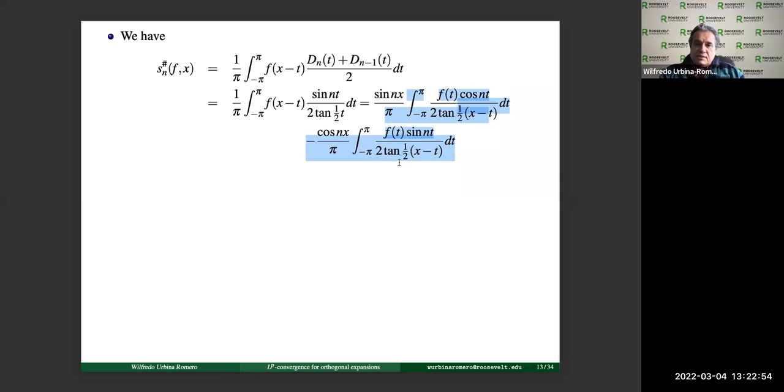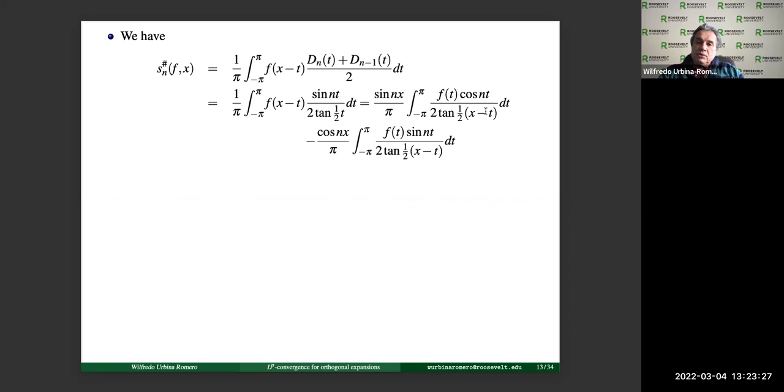The problem with these integrals is that you are taking a convolution of this function, for instance, f(t) cosine of nt or f(t) sine of nt, with respect to 1 over 2 tangent of (x minus t)/2. So it's a convolution with respect to a kernel that, of course, at 0, the tangent is 0, so there is a huge indeterminacy here.